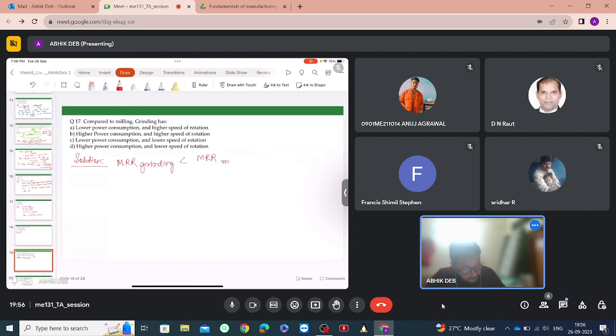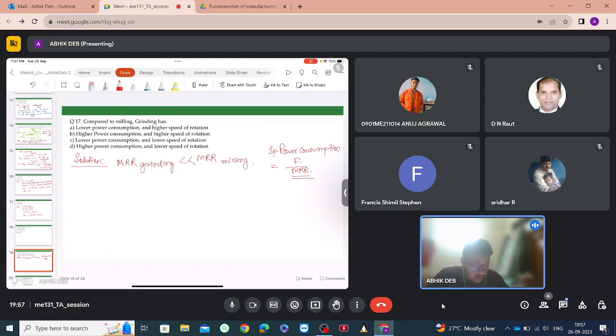And if we consider the specific power consumption, it is equal to the force divided by MRR. If the force is still the same, then MRR is much lower for grinding than MRR for milling.